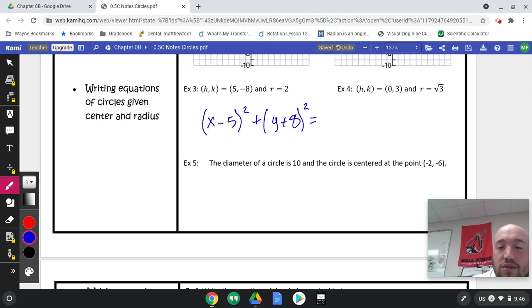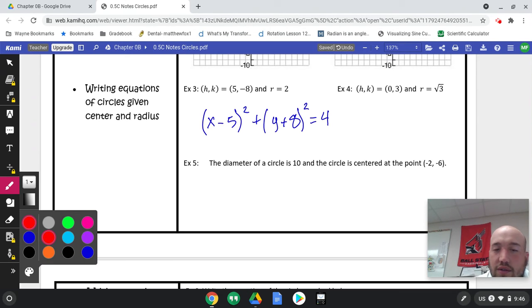That equals the radius squared. So 2 squared is 4. Meanwhile, I'll do this in red. This next one: x minus 0, or we can just do x squared, plus (y minus 3) squared equals, now the square root of 3 squared, the square root and the square will cancel, and we'll be left with 3.